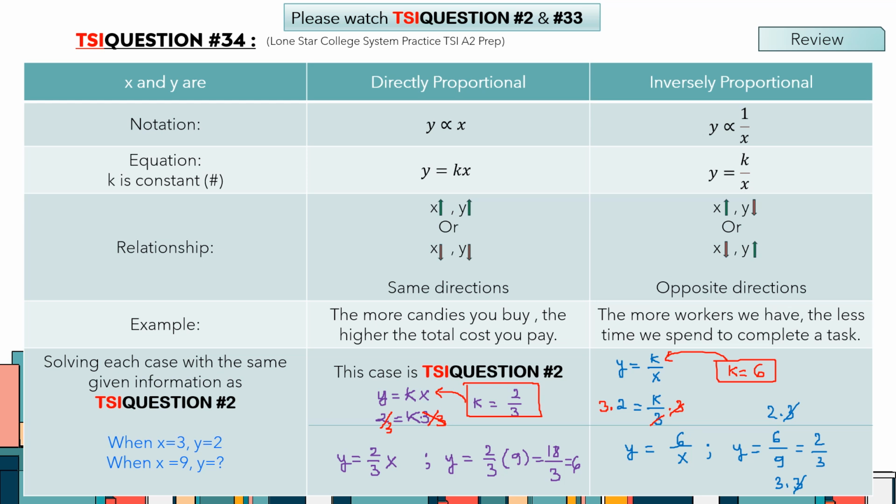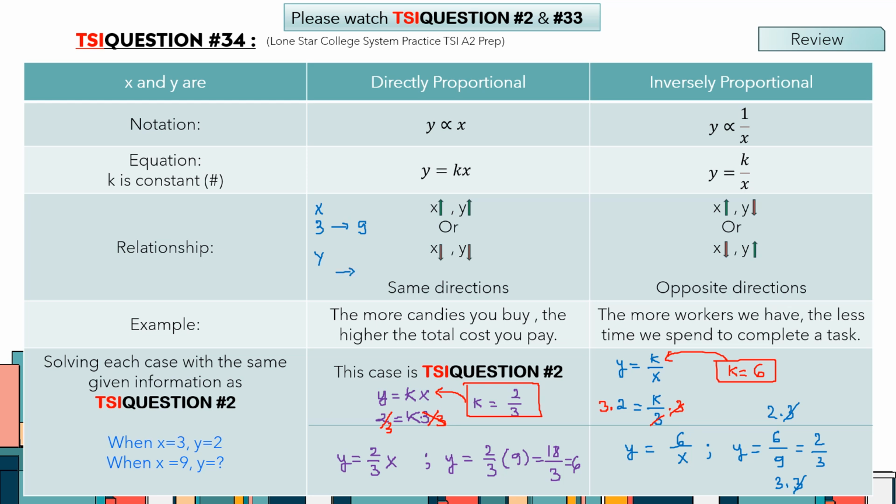How about if we don't remember the equations? Can we solve the problem? Yes, we can. Based on the relationship, we understand that if x is increasing, y is increasing, for directly proportional first. So we know that x goes from 3 to 9, so y will be increased by the same factor.